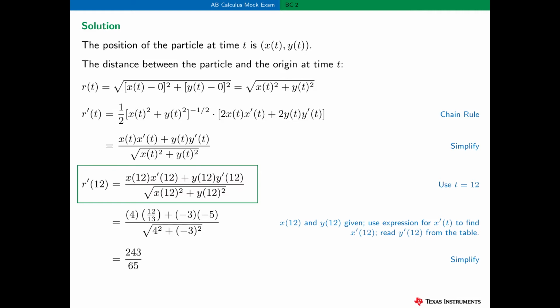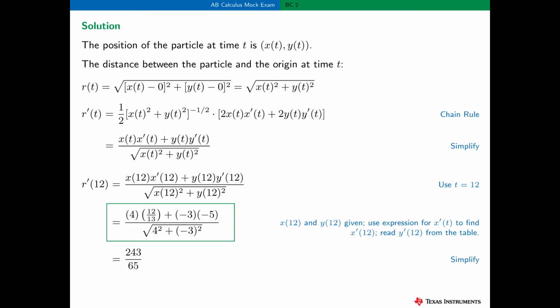Now we need to evaluate r prime of 12. So we need to find a value for this expression. The position of the particle at time t equal 12 is given as (4, -3). We have x of 12 is 4 and y of 12 is minus 3 as given in the statement of the problem.